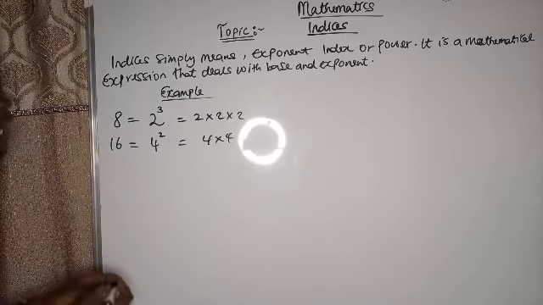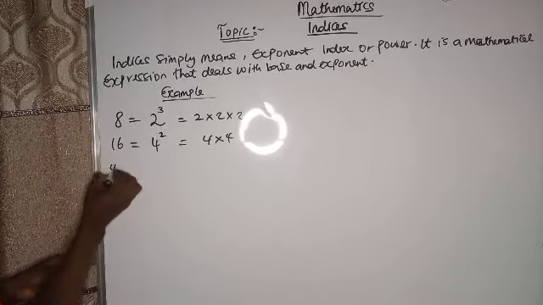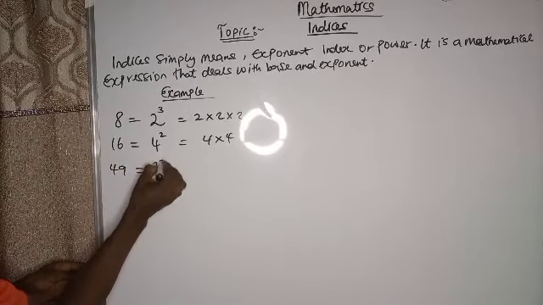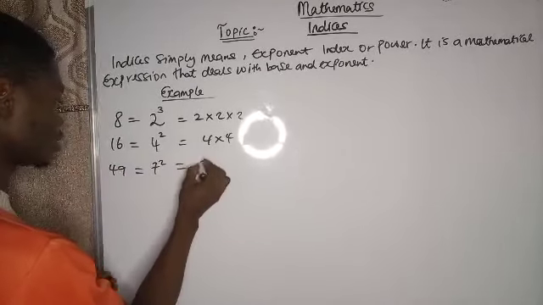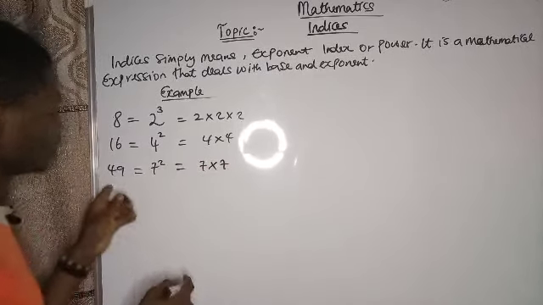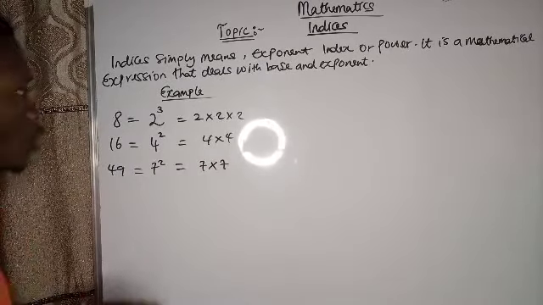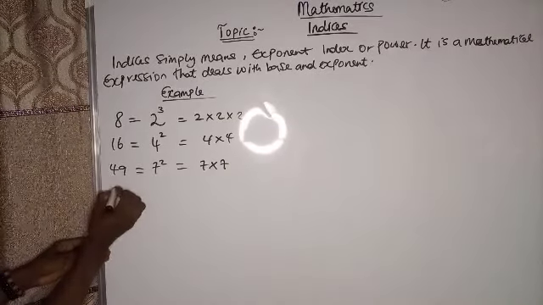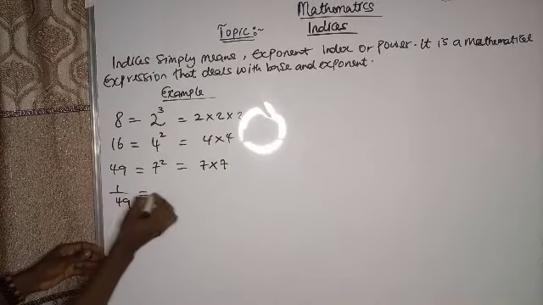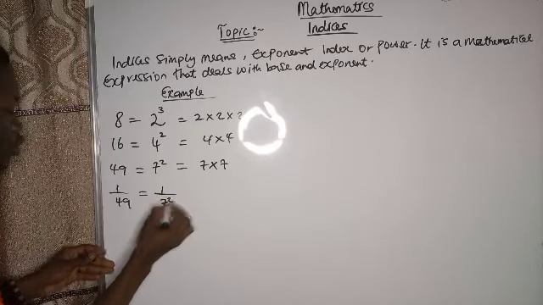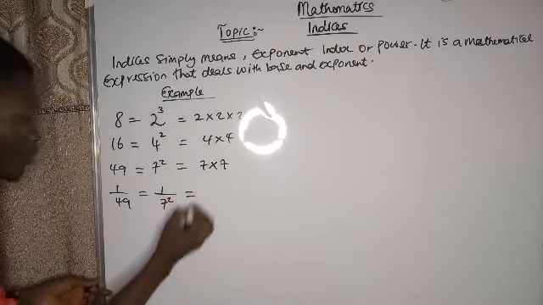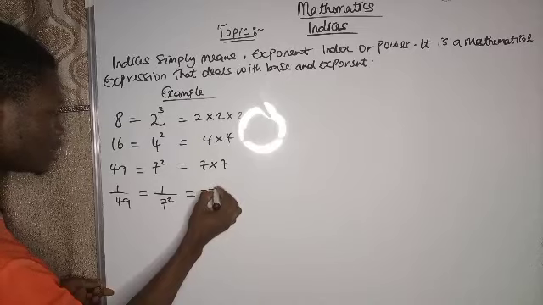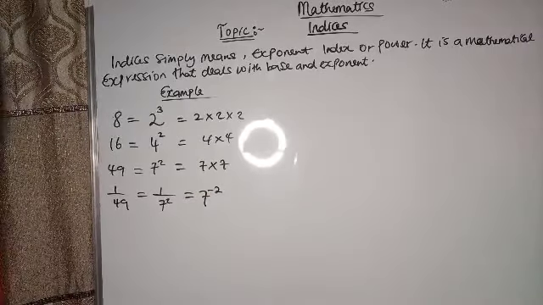So if I have something like 49, it will be 7 power 2, which will give me 7 times 7, which will give me 49. So that is indices. Or for example, I have 1 all over 49. It will be 1 all over 7 squared, which in turn will be 7 raised to minus 2.